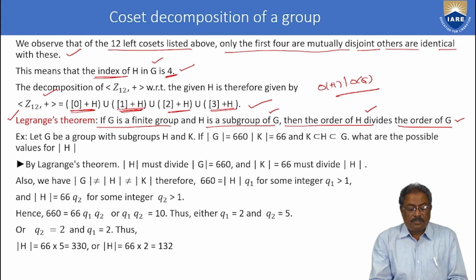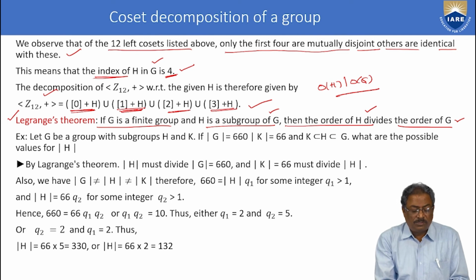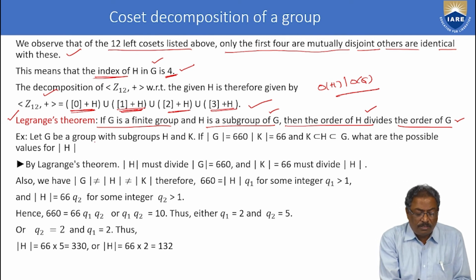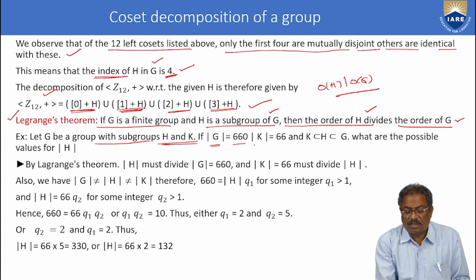So here, using Lagrange's theorem, we are going to solve some of the problems. G is a group, and H and K are subgroups. The cardinality of G is 660, and the cardinality of K is 66.